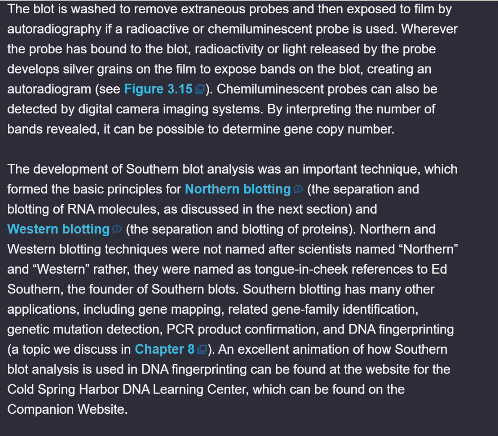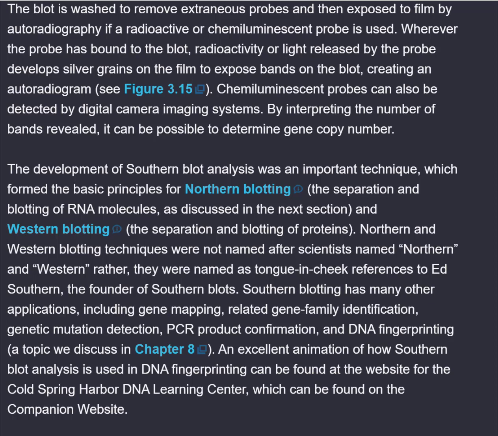The blot is washed to remove extraneous probes and then exposed to film by autoradiography if a radioactive or chemiluminescent probe is used. Wherever the probe has bound to the blot, radioactivity or light released by the probe develops silver grains on the film to expose bands on the blot, creating an autoradiogram.